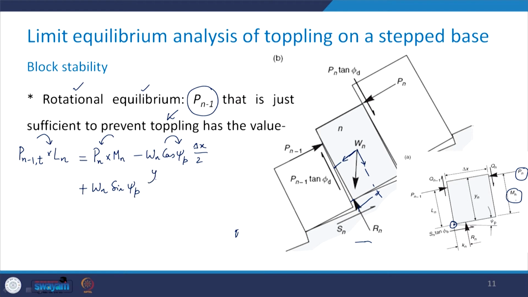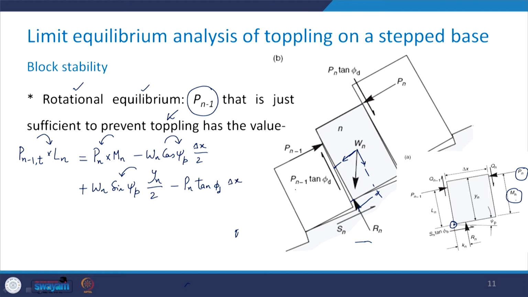So, this is going to be yn upon 2 and its direction will be this, and then you will have the last component which is this Pn tan of phi d. So, that would be Pn tan phi d multiplied by delta x.